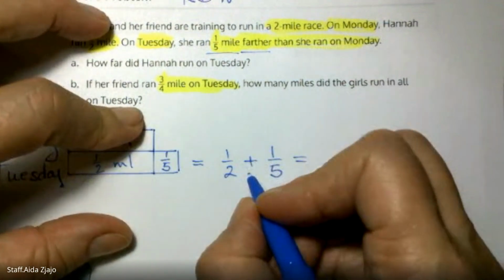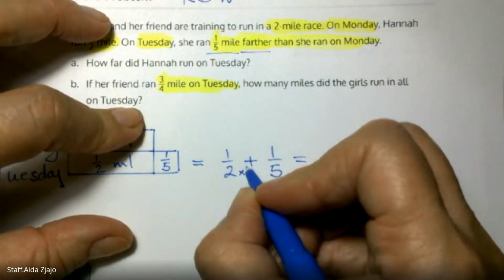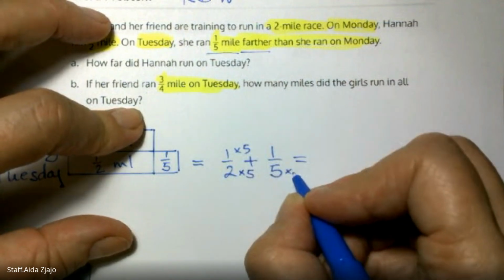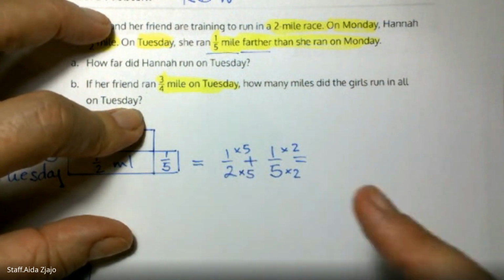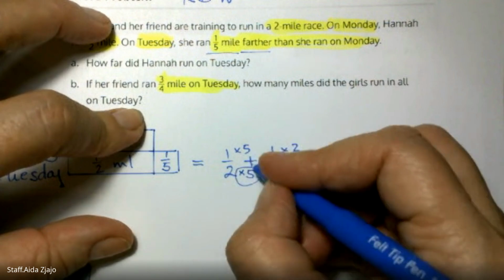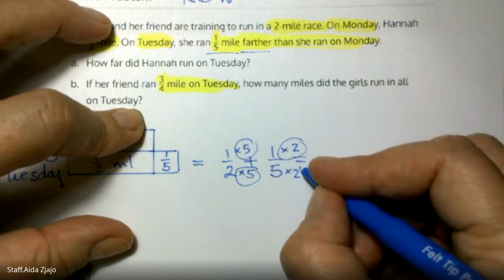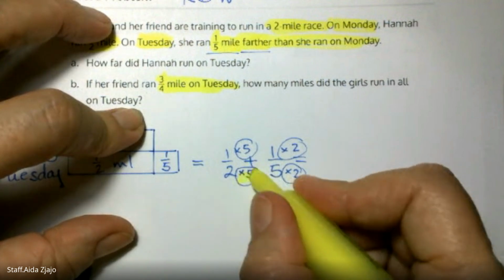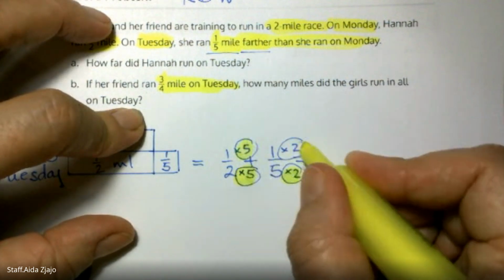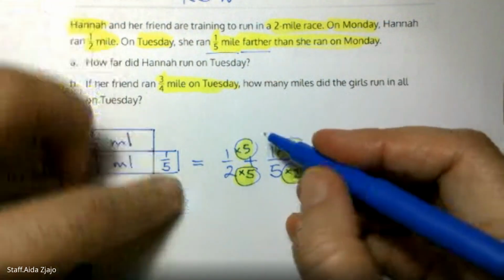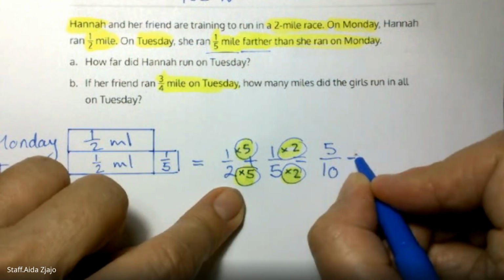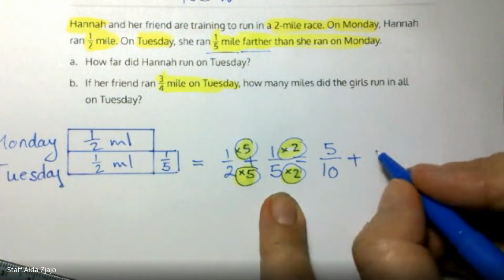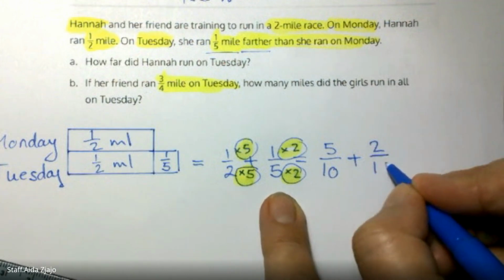To make the pieces the same, we're going to multiply 2 by 5 and 5 by 2 to make equivalent pieces. So we can say 1/2 is the same as 5/10, and 1/5 is the same as 2/10.